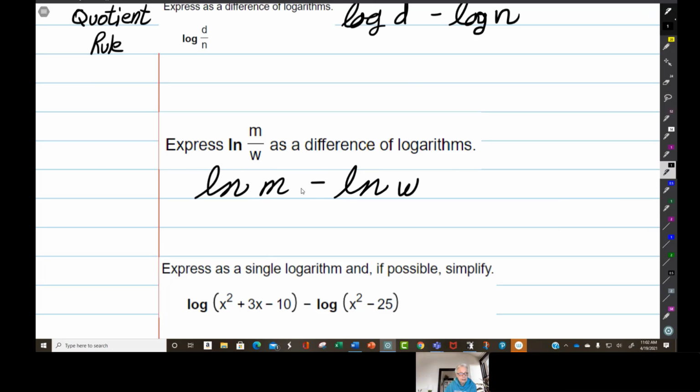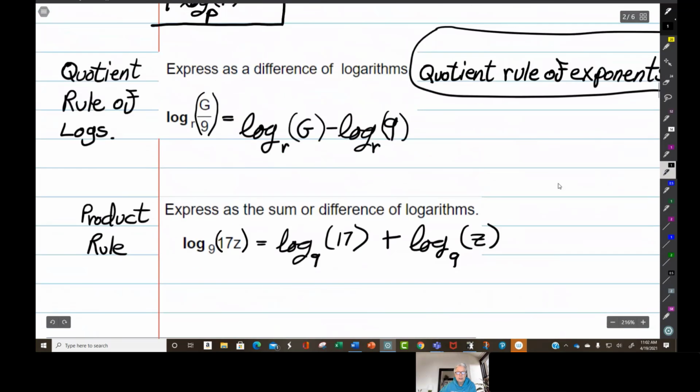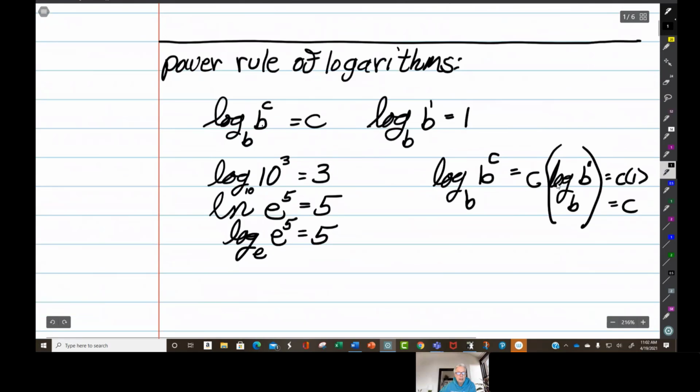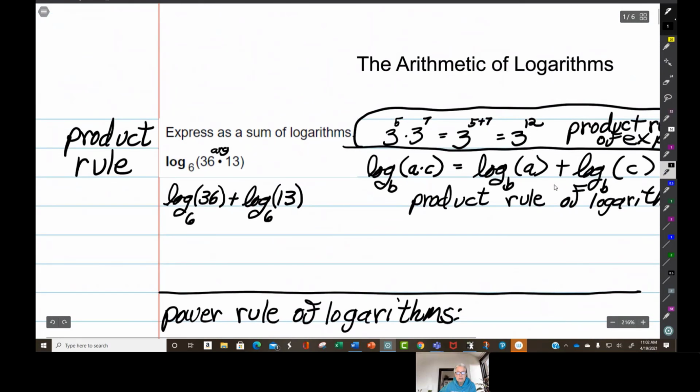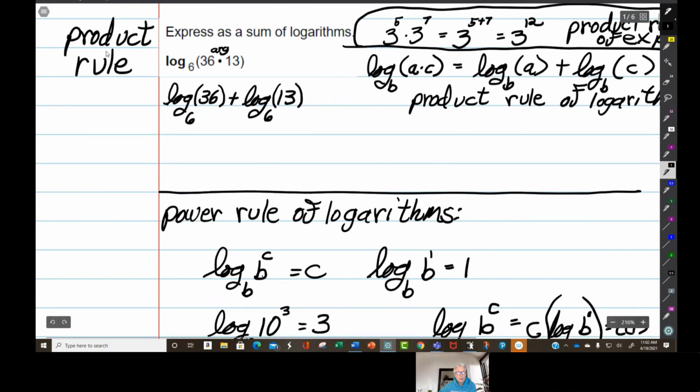Okay, let's go back over it first. You've got three rules. We'll discover a few others as we go along, but these are the three biggies.